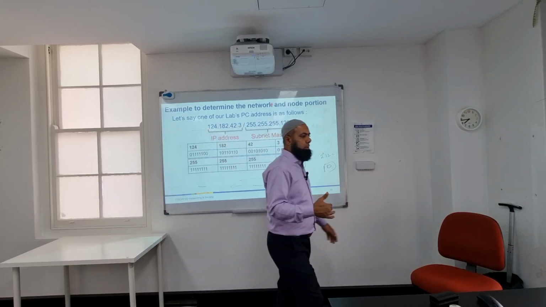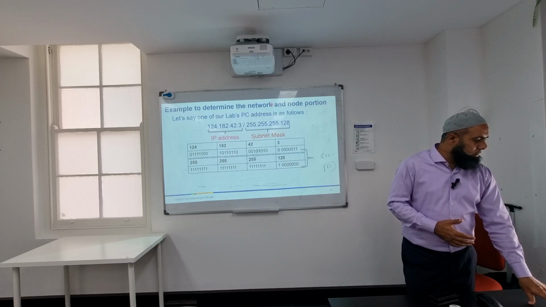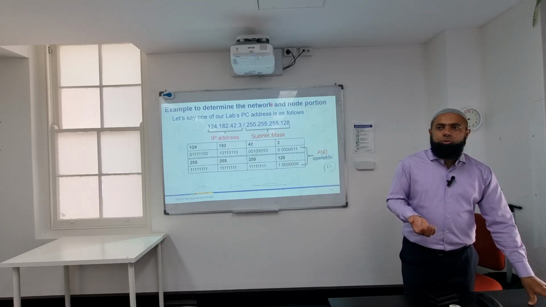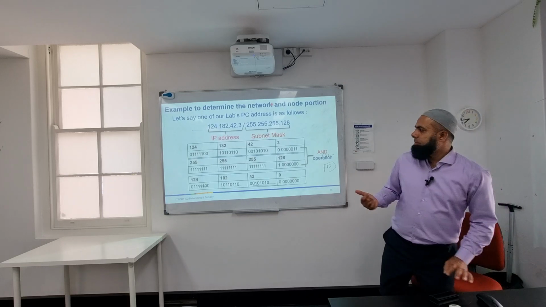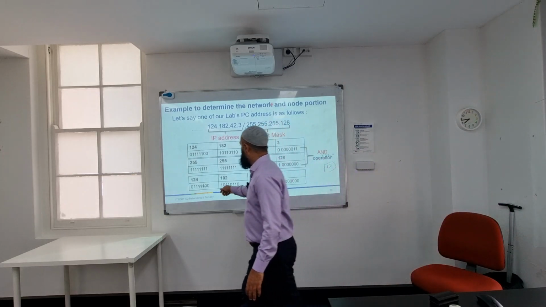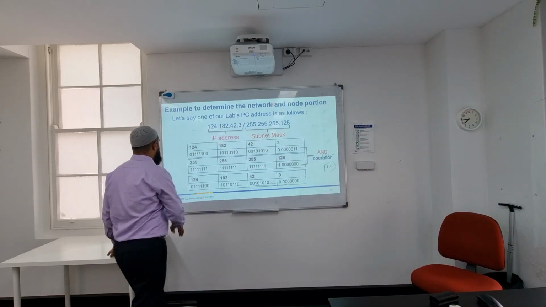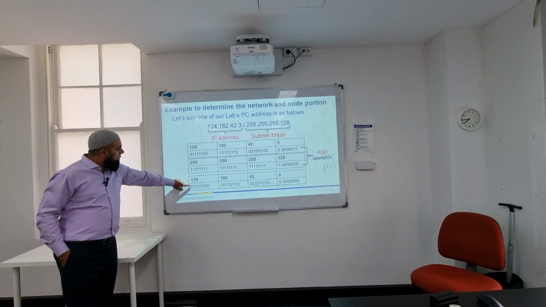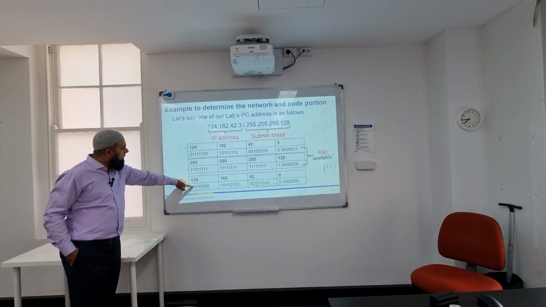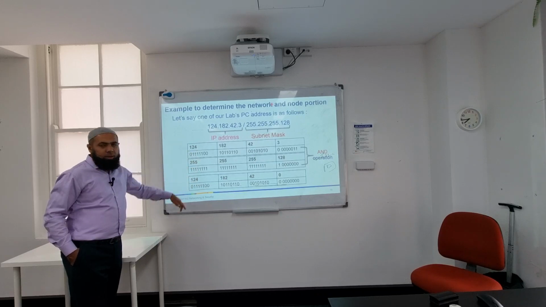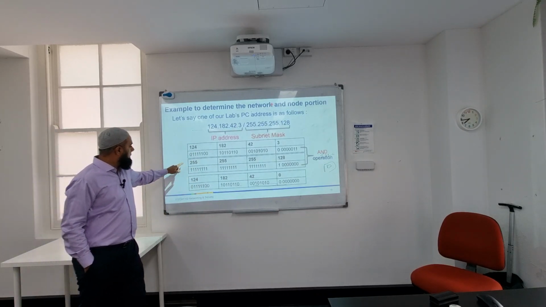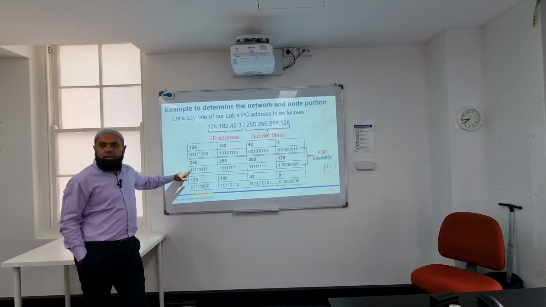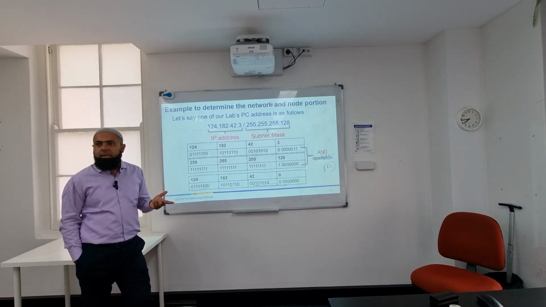Once you write that down, we can use the AND operation. What is the AND operation? 0 1 is 0, 1 1 is 1. Whenever it's 1 1, it's 1, or 0 0, it's 0. But when it's 0 1, it's 0. Remember that for the AND gate.